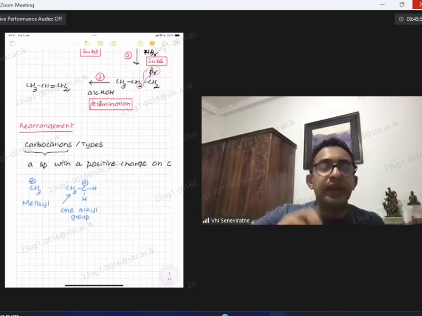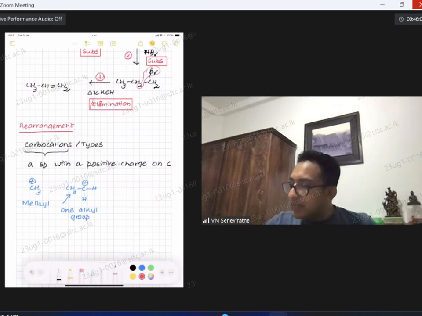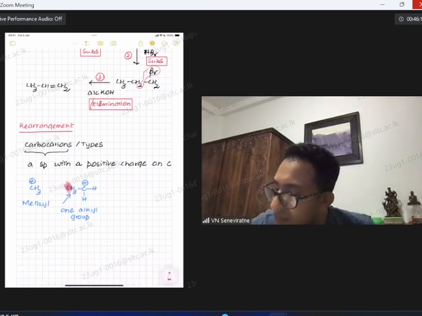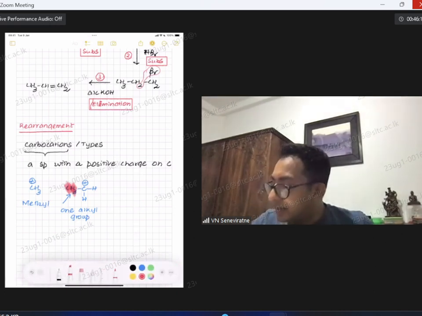Positive charge containing carbon is directly attached only to one alkyl group. An alkyl group is another carbon containing group, like CH3. CH3 is an alkyl group, right?